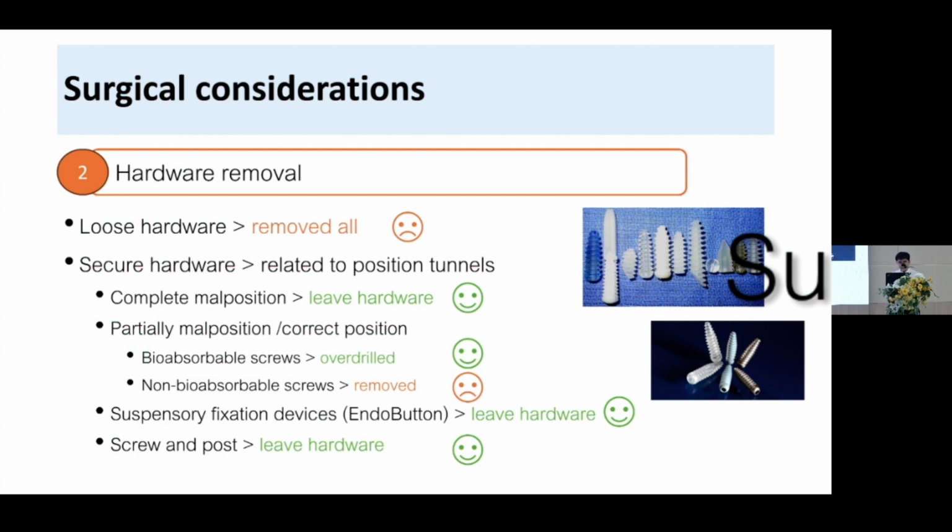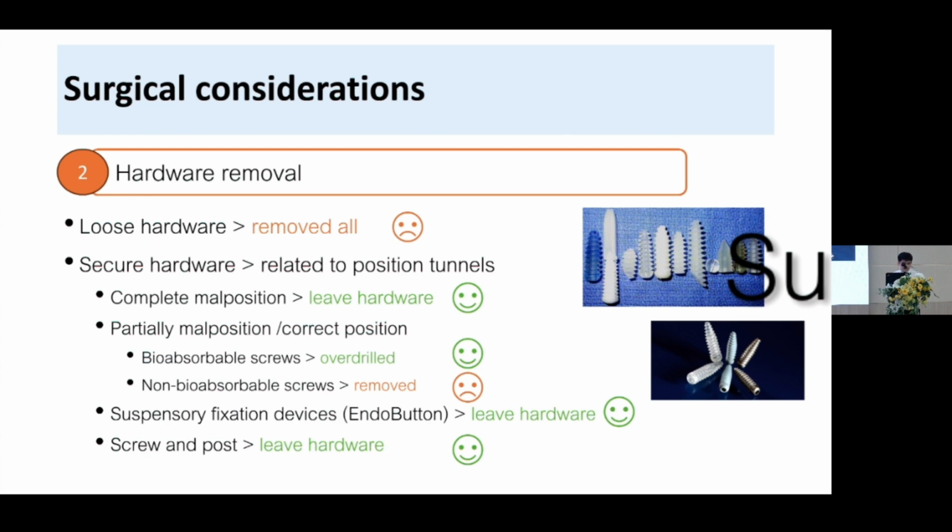But if the hardware is secure, we have to evaluate the position of the tunnel relative to the hardware. If the tunnel from the previous surgery has a significant malposition and a completely new tunnel can be overdrilled, we can prefer to leave the previous hardware in place.